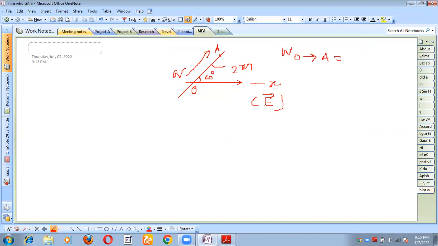So when we move 2 meters along OA, the work done is 4 joule and the charge is 0.2 coulomb.